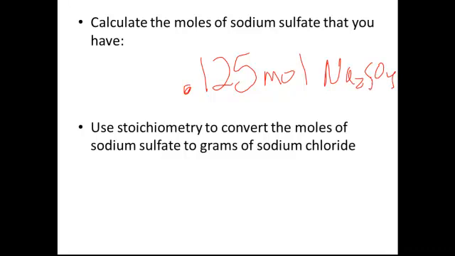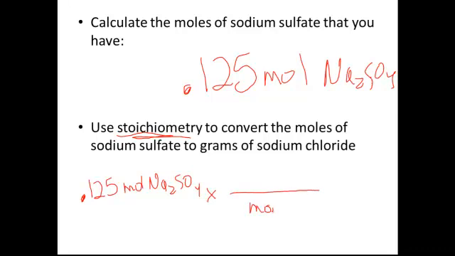Na2SO4. Now we're going to use stoichiometry to convert the moles of sodium sulfate to grams of sodium chloride. So we're going to go 0.125 moles of Na2SO4. And I want to cancel moles of Na2SO4.